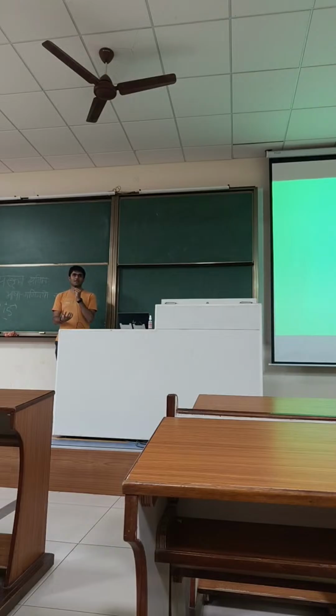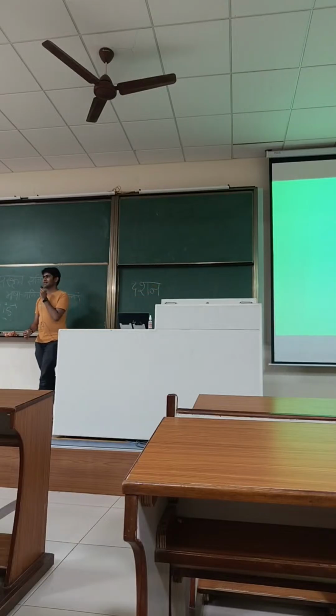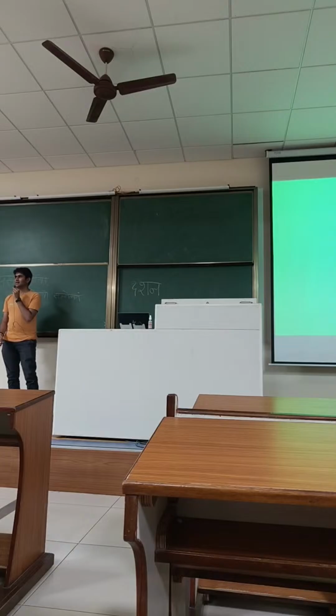So yeah, let me ask some questions. If I use the word Dashana, what will that mean? Dashana. No, not Darshana. Dashana. 10? It's not just Dasha, it's Dashana. Why?